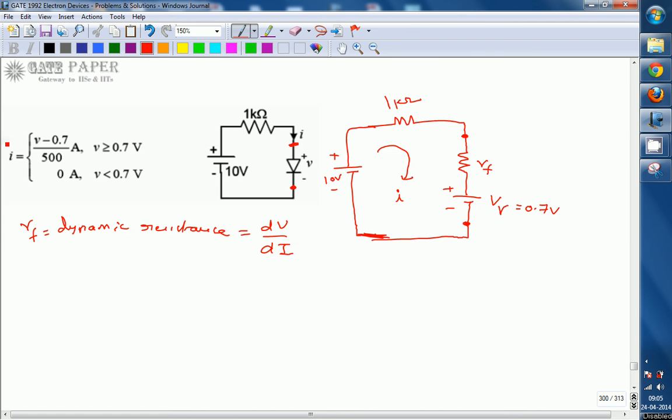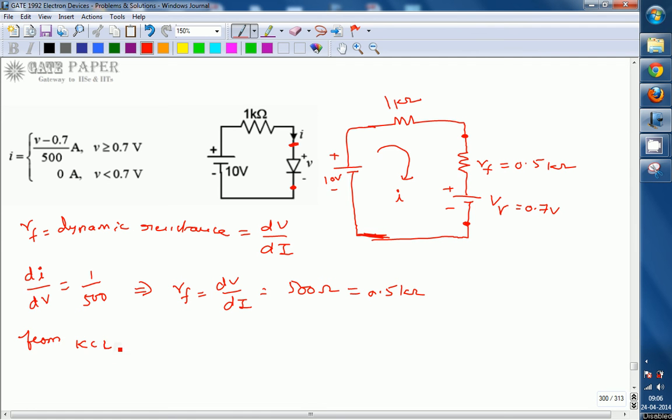But what we have is the equation I is equal to (V minus 0.7) by 500. Differentiating both sides with respect to V, dI by dV from the current equation is 1 by 500. Taking the reciprocal, RF is equal to dV by dI, which is 500 ohms, that is 0.5 kilo ohms. So we can substitute RF as 0.5 kilo ohms.